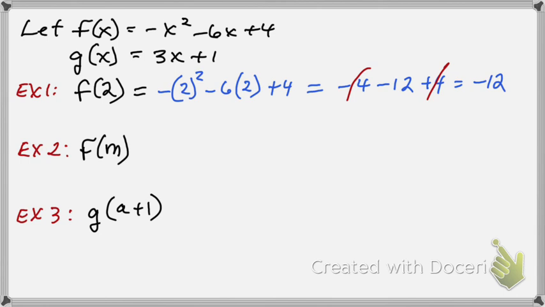Example 2 says evaluate f when x is m. Now, m is just some number. So let's do that. So I just plug an m in place of x. So I've got minus m squared minus 6m plus 4.